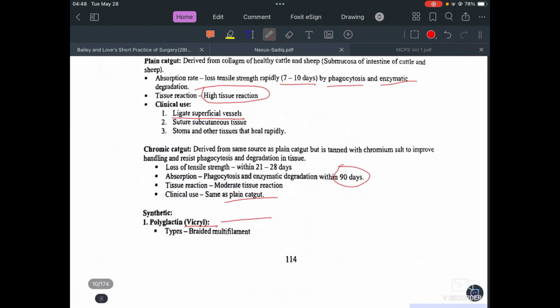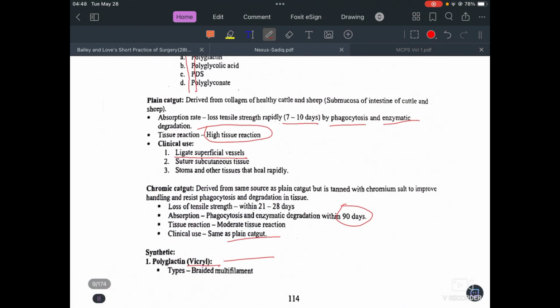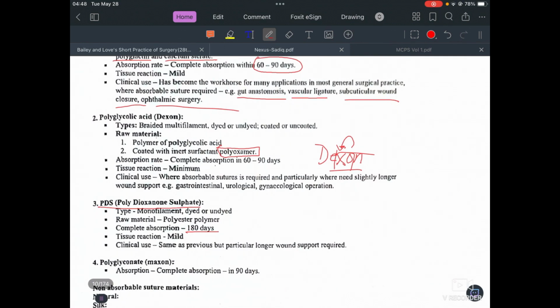When it is chromic catgut, it comes from the 7 to 10 days to 21 to 28 days, so near 1 month. And same manner is the PDS, tissue reaction is mild. Clinical use is same as previous but particularly where longer support is required.